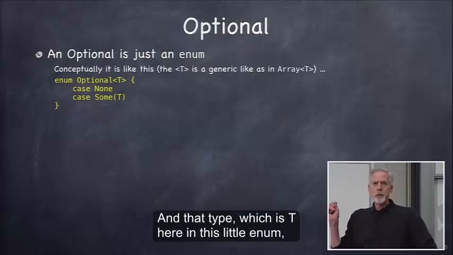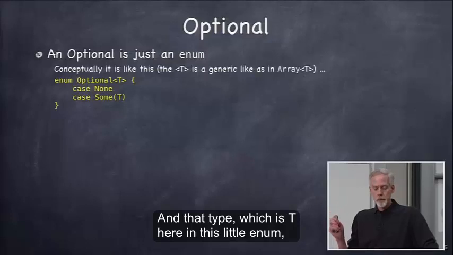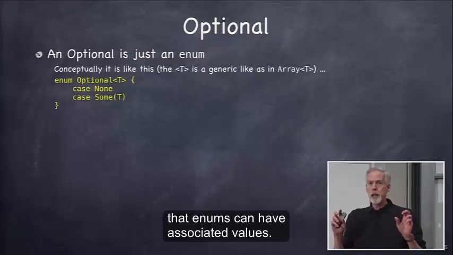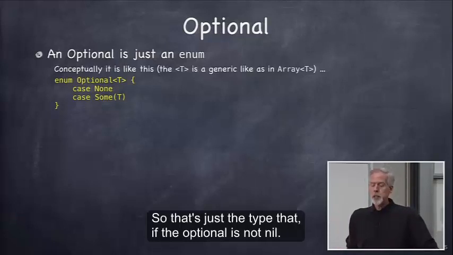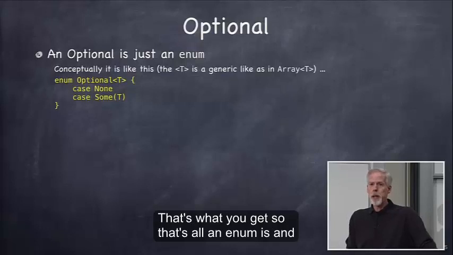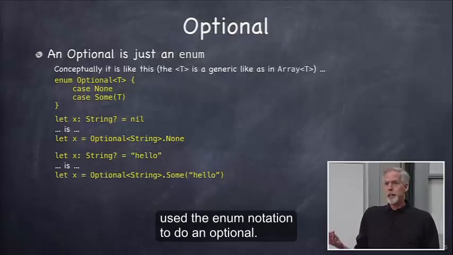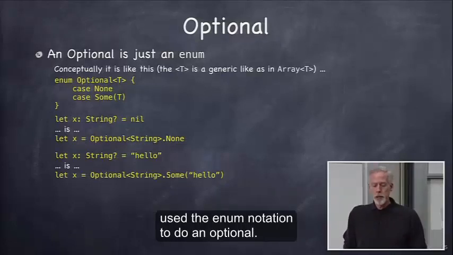And that type, which is T here in this little enum, is just the type of the associated value. You know that enums can have associated values. So that's just the type that, if the optional is not nil, that's what you get. So that's all an optional is. For example, this is what it would look like if we used the enum notation to do an optional.